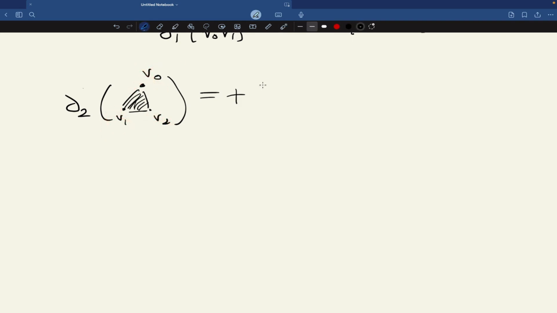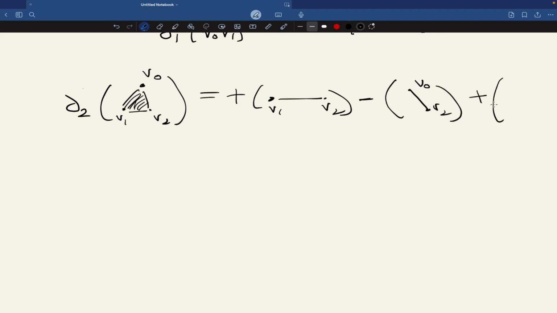So it will look like this: v1 v2. Then minus, eliminate v1, we are left with this edge only, v0 v2. So it will be like this: v0 v2. Then plus, this time delete v2, we are left with v0 v1.